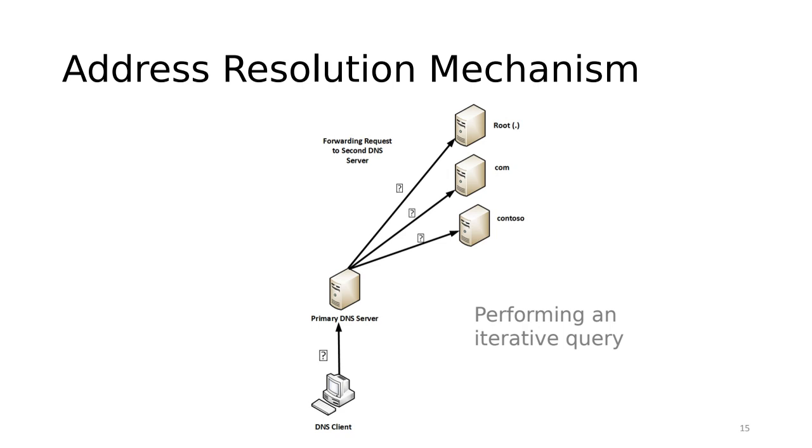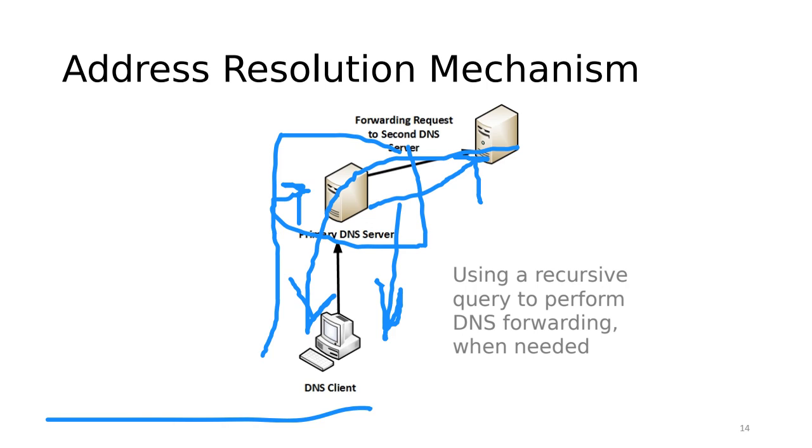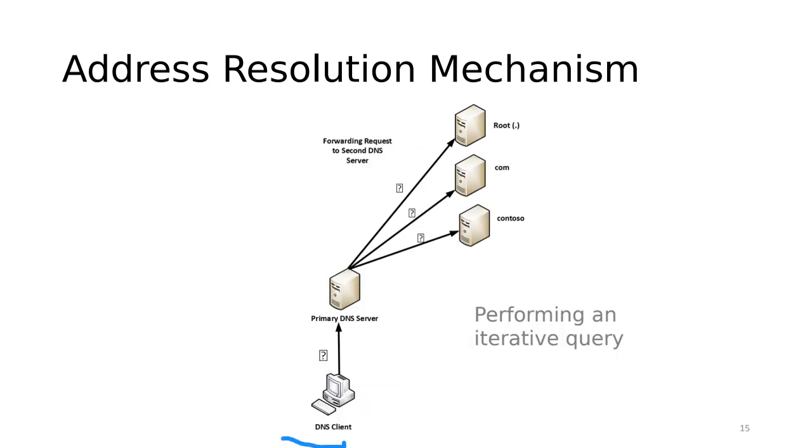Iterative, look here, we have the client, sending the information to the primary DNS server, same here. But what happened here? It has a list. Let's say it will say, okay, you requested this, but I know that these servers have the information.